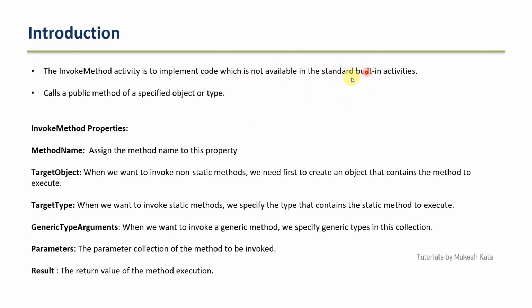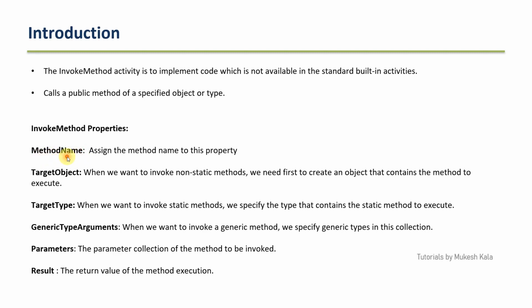We could not find set ordinal there, so that is why we are using the invoke method activity. What this actually does is call the public method of the specified object or type. In our case, the method we are using is set ordinal. Now these are the inputs, or I would say the properties, which the invoke method would expect. The first thing is definitely the method name.